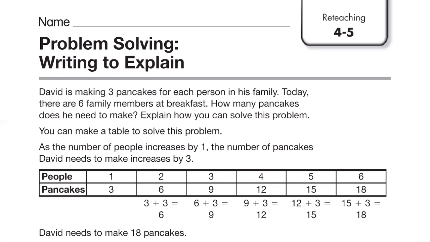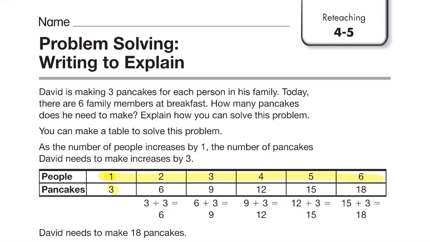In the table, they have the number of people, and it goes from 1 through 6. And then they've used some skip counting by threes to calculate how many pancakes would be needed for the number of people.